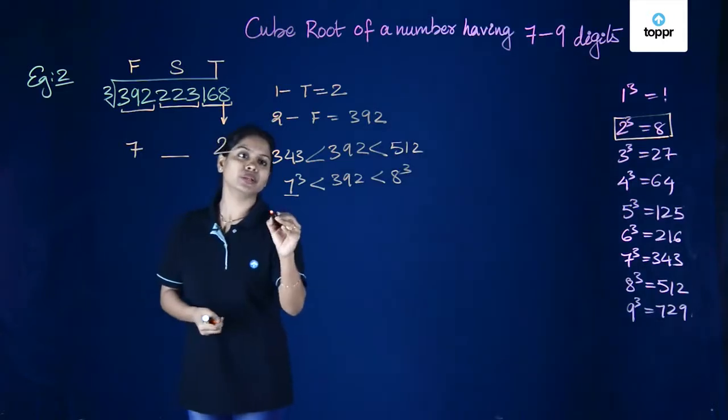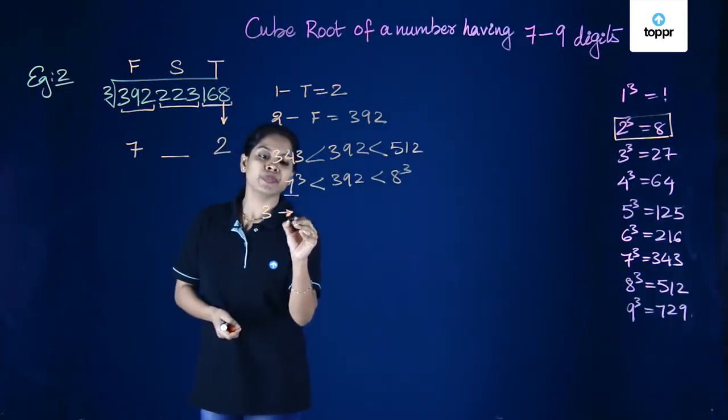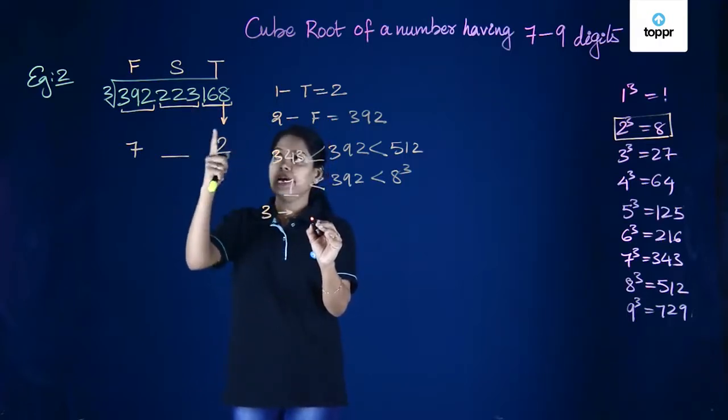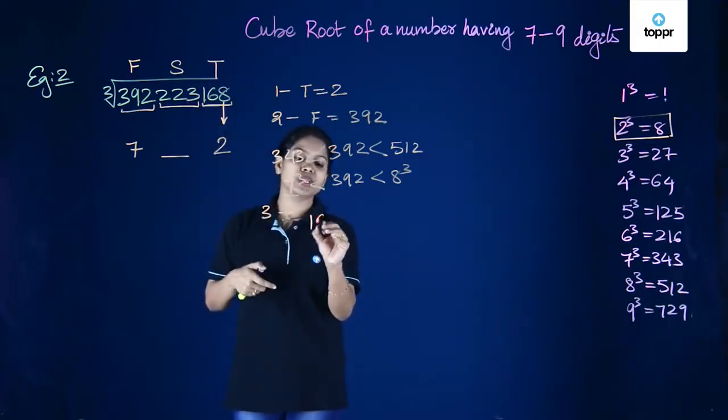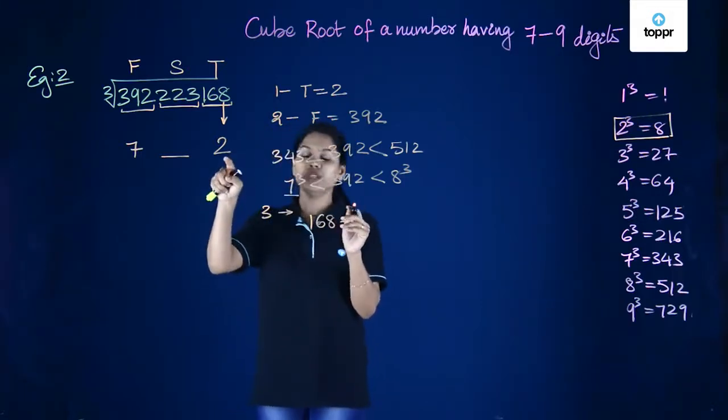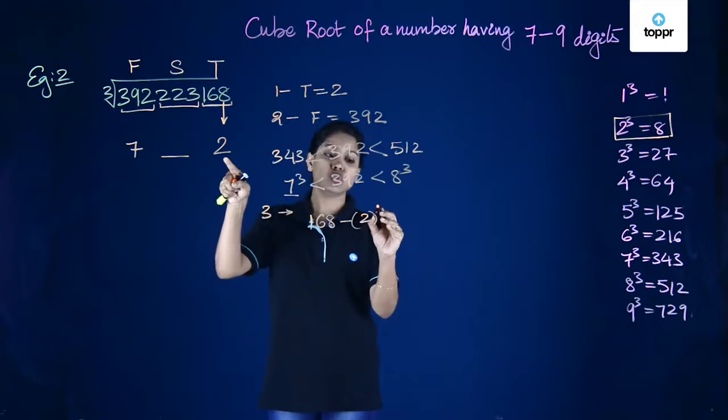In order to find the second digit, step 3, we take the last triplet, that is 168, and subtract the cube of the third digit, that is 2 cube.